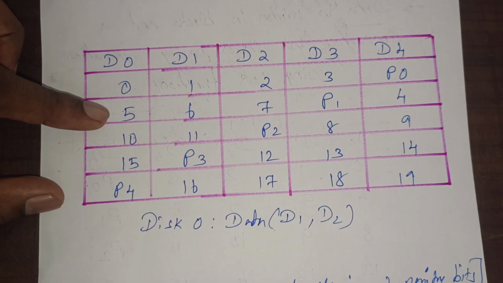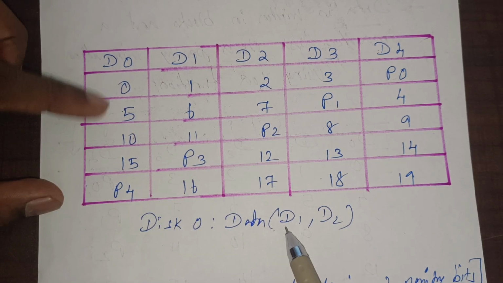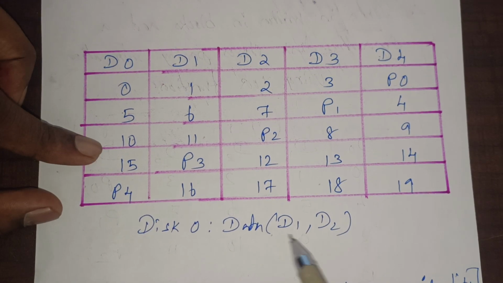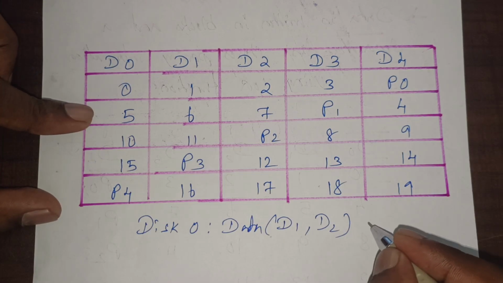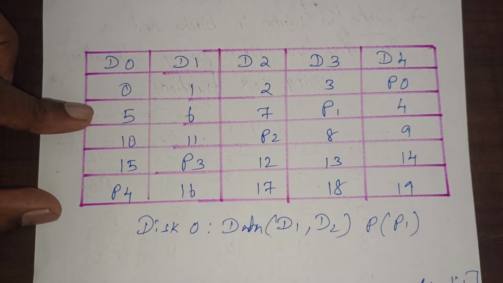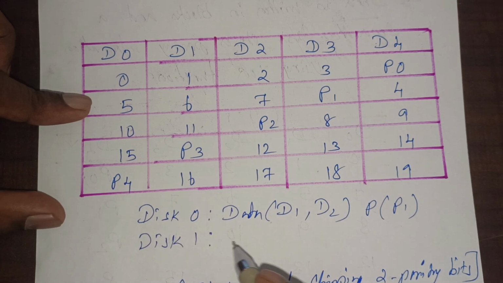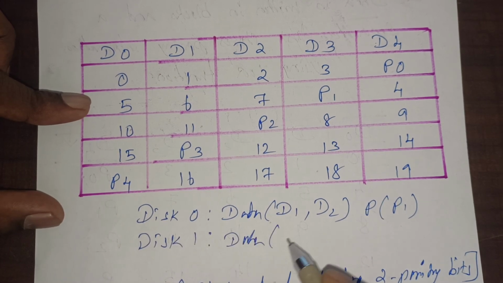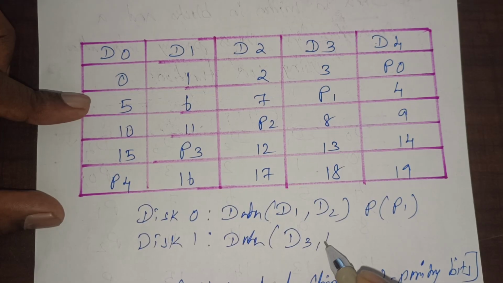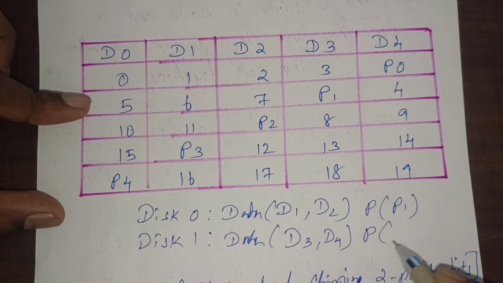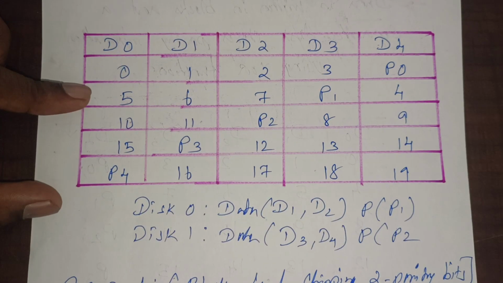D1 and D2, disk number 0, data 1 and data 2. Any number of data in rows you can check. The parity has been arranged as P1. And for example, disk number 1. So here the data, you can check it: data number 3 and data number 4, and the parity may be P2, right?